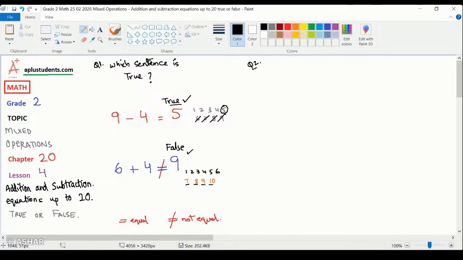Question number 2. Which sentence is false?